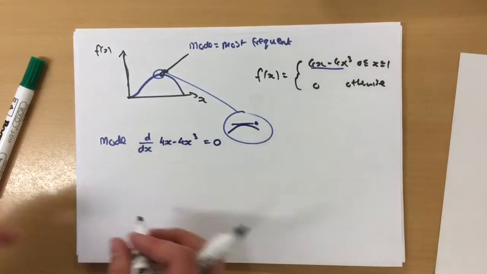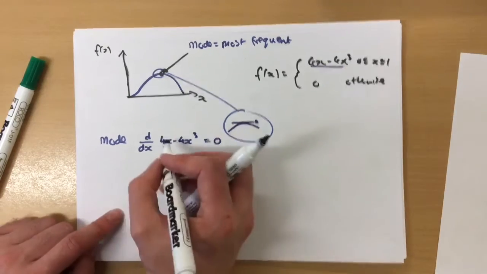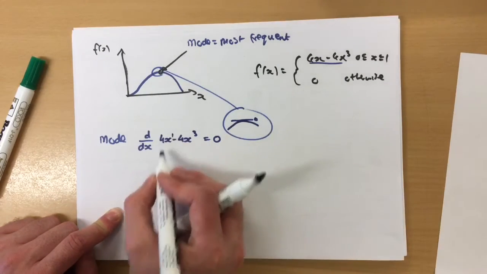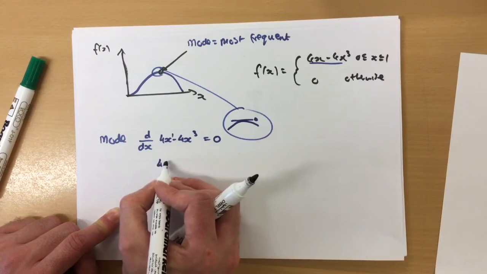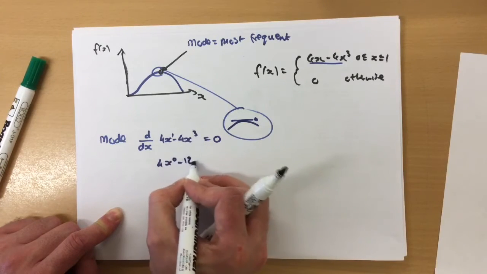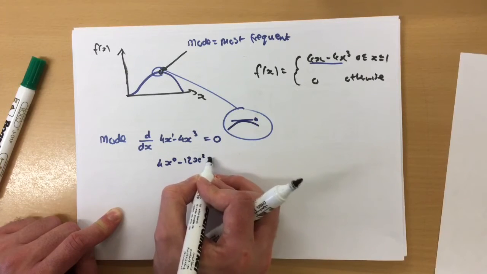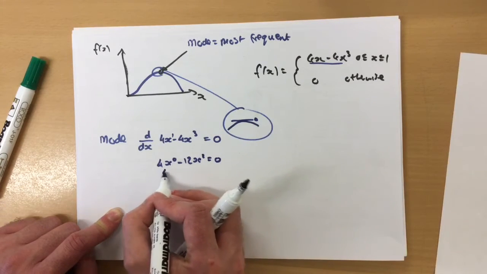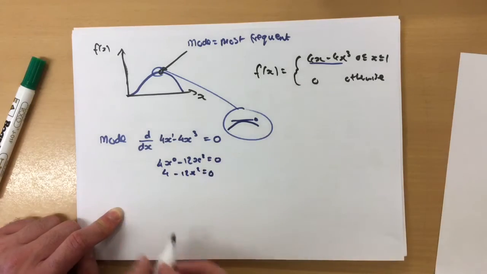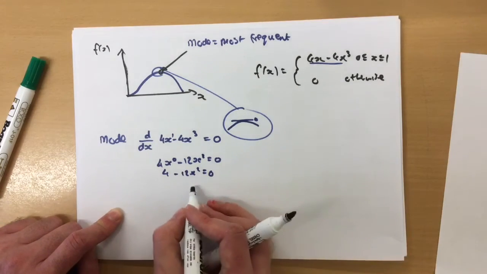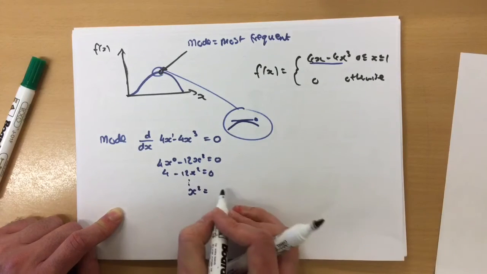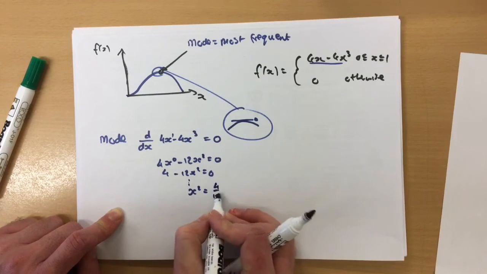So differentiating, that's like power of 1. So multiply by the power, and then reduce the power by 1. Times by the power is 12, reduce the power by 1 is 2. Which gives us 4 minus 12x squared is 0. Quick bit of rearranging would give you x squared is 4 over 12.